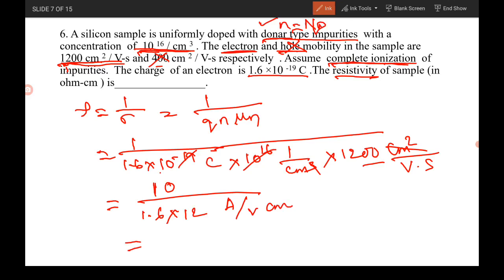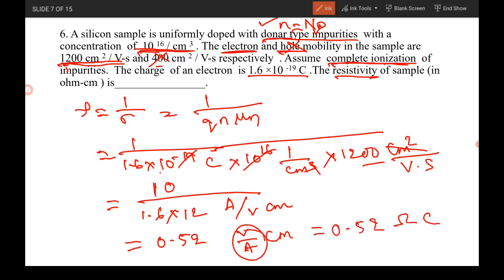If we simplify it, we get the value 0.52 ohm cm. When we take it to the numerator, we get volt per ampere cm, and volt per ampere is nothing but ohms. So our answer is 0.52 ohm cm.